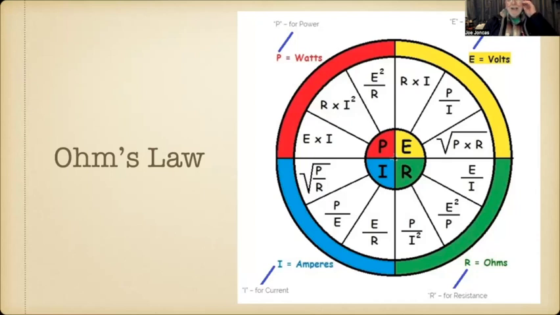E equals I R, which is R times I. So if you look at the power formula there, if you replace E with R I, you end up with R times I squared. That's how that works. Yeah, I'm getting rusty.